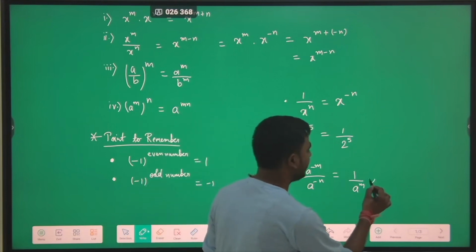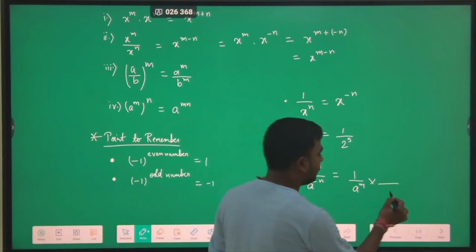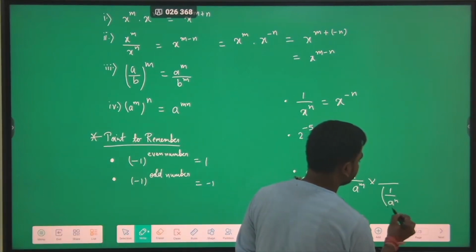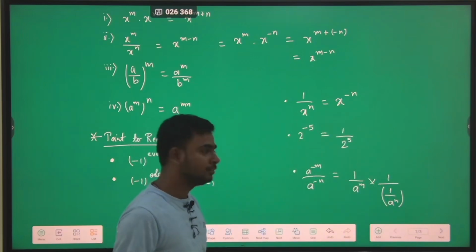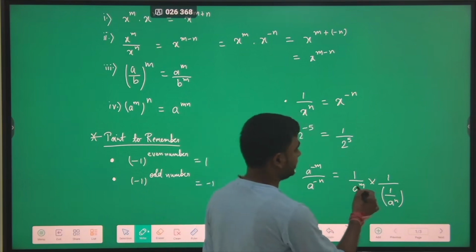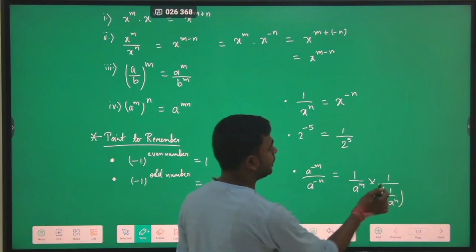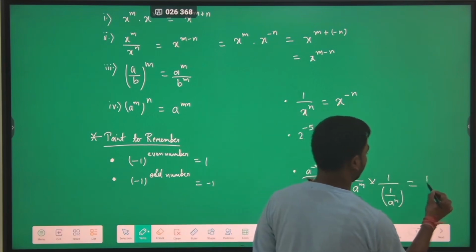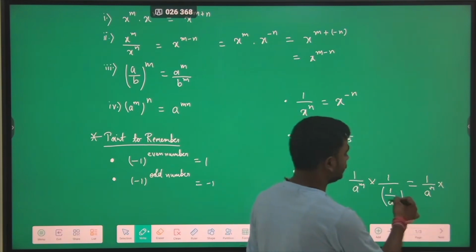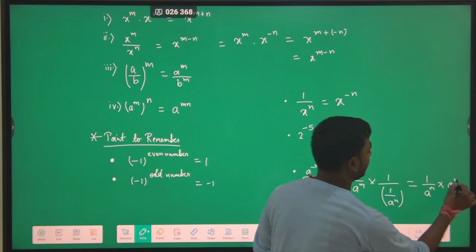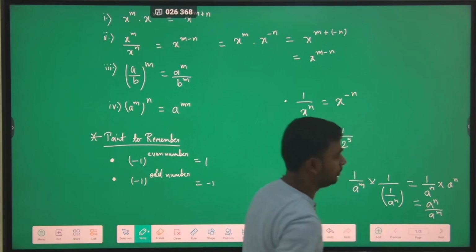Similarly, I can write a to the power minus n as 1 upon a to the power n, and this whole will be divided by it. So on reciprocating, we will get 1 upon a to the power m multiplied with a to the power n. So it will be a to the power n whole divided by a to the power m.